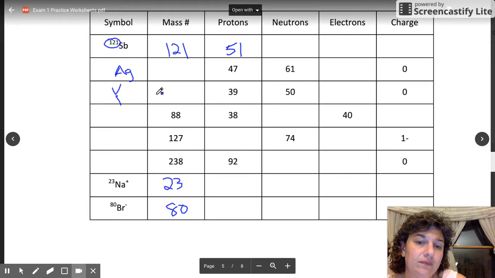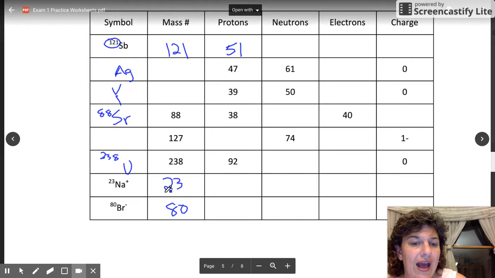That's a Y. 38 protons is strontium. Mass number 127, we don't know yet how many protons it has. We can't look that one up. But protons of 92 would be uranium. And we have the mass number right here, 238U. Actually, we had the mass number of strontium too, so we could stick it up in the corner there.